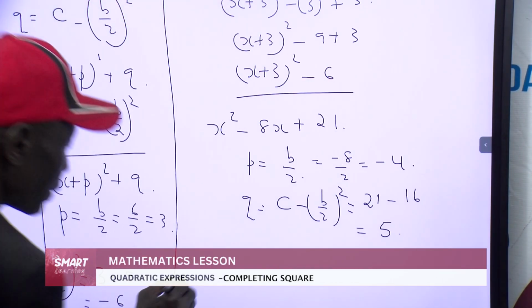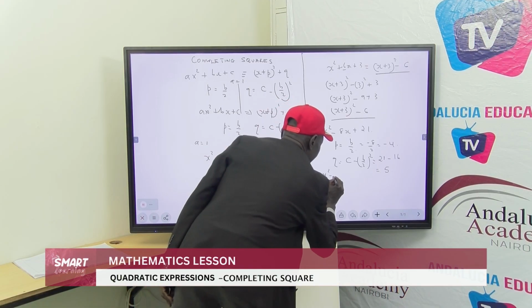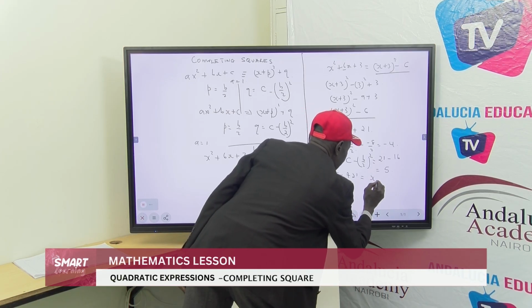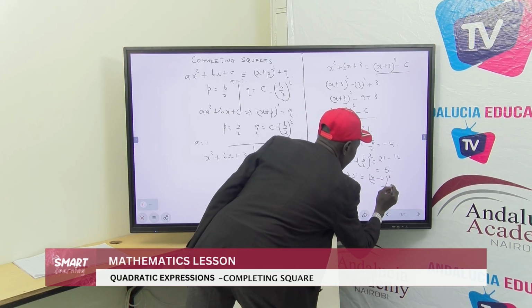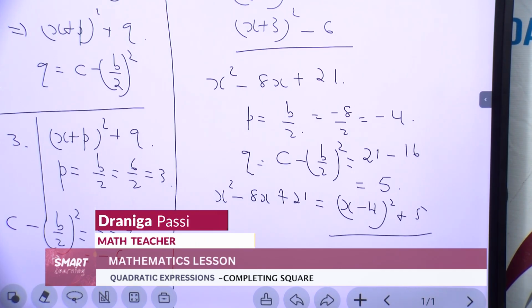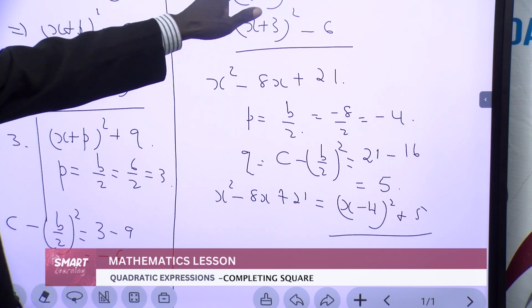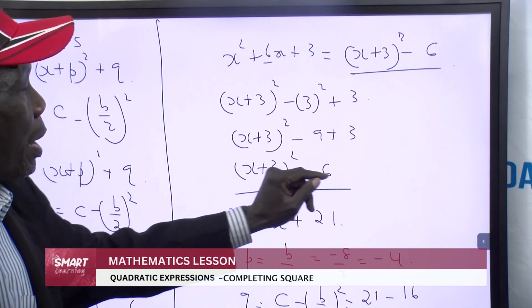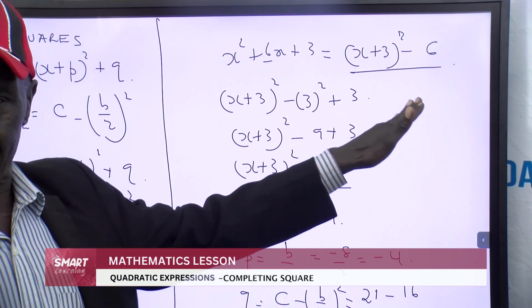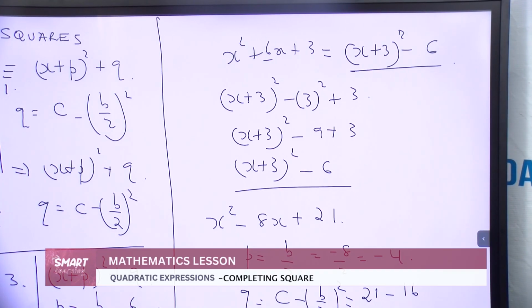So my expression x squared minus 8x plus 21 becomes x minus 4 squared plus 5. That is what you have to do. So, when a is 1, it is quite simple. Divide b by 2 to get the factor, write in this form, and then, to get your q, add the negative of the square of b over 2 to your c. And you get your answer, which is quite simple.